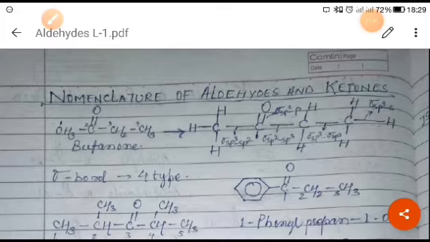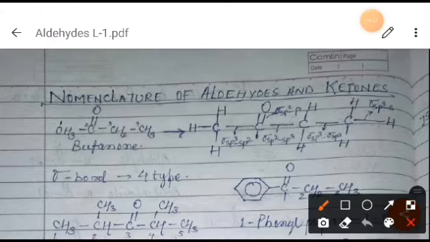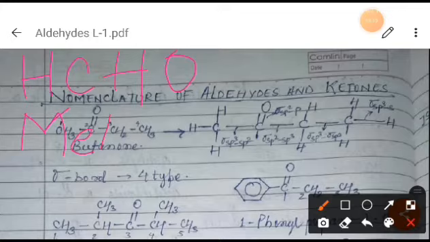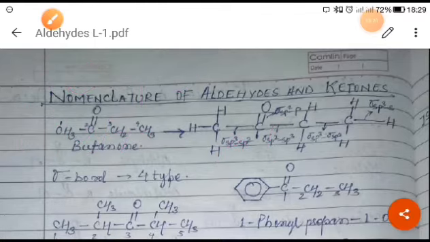For example, you can take methanal, which is HCHO. What is the name of this compound? The name is methanal.